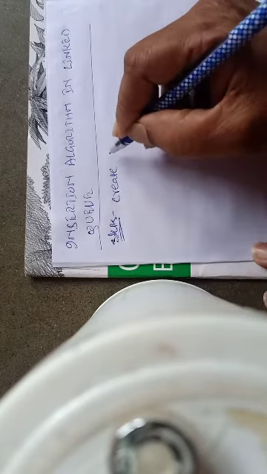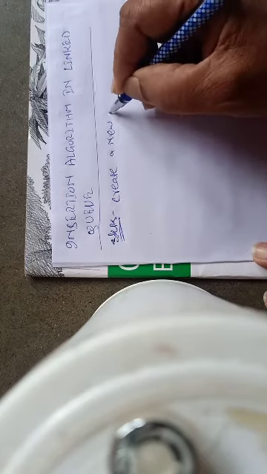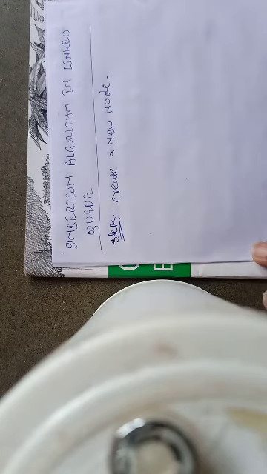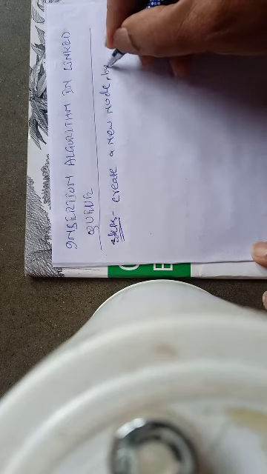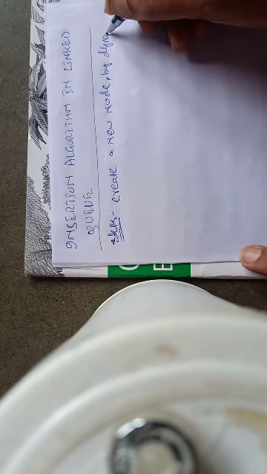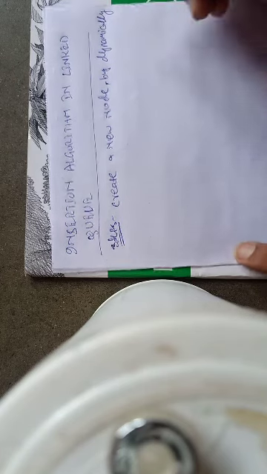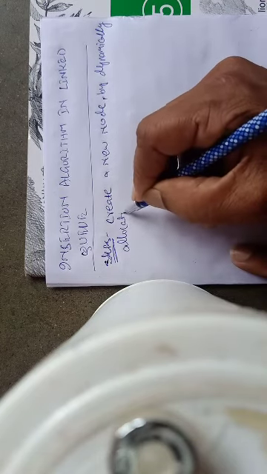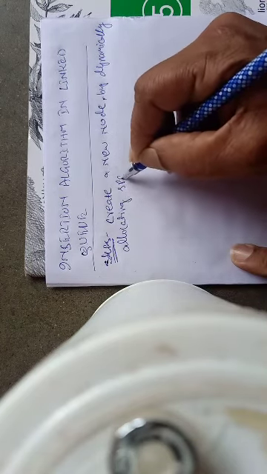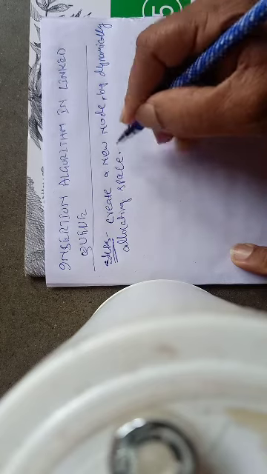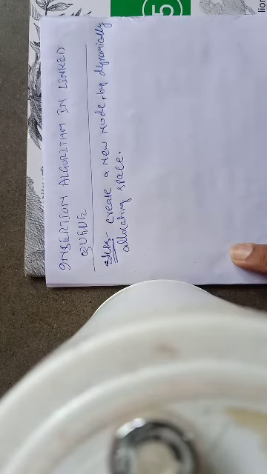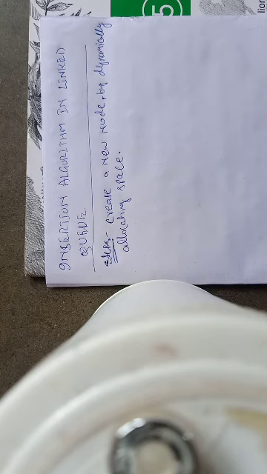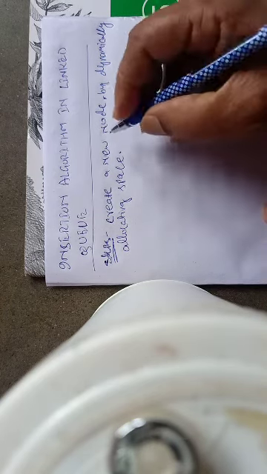Step 1: Create a new node, which means allocate memory space by dynamically allocating space. If the space allocation fails, that means the memory space is not available, so we say this is overflow.